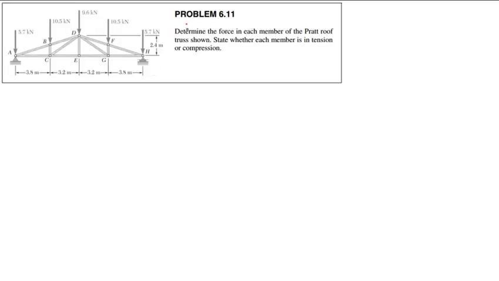So all of these vertical loads sum up to a total of 42 kilonewtons. Therefore, each vertical reaction must be 21 kilonewtons, like so.